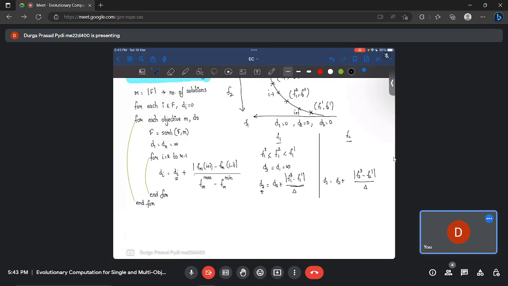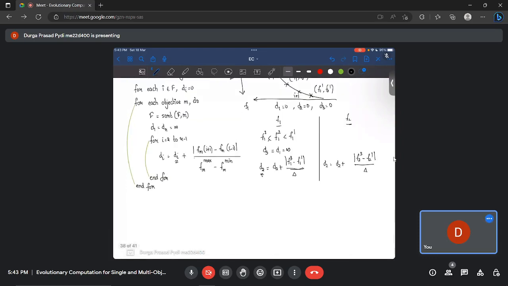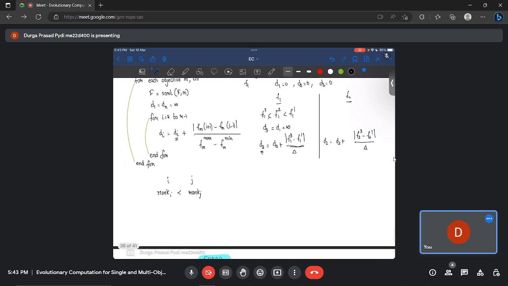Once you get the distances, our selection operator should have information about the rank and also about the diversity. When you are doing your tournament selection operator, with 2 solutions, say i and j, you check the rank of i and rank of j. If rank of i is less than rank of j, then you select the ith solution.